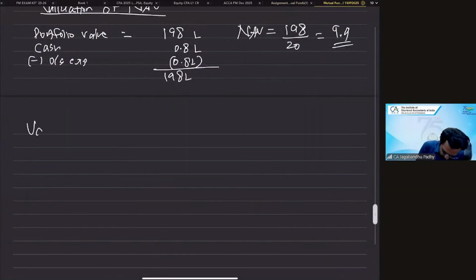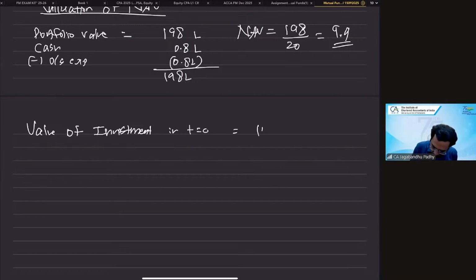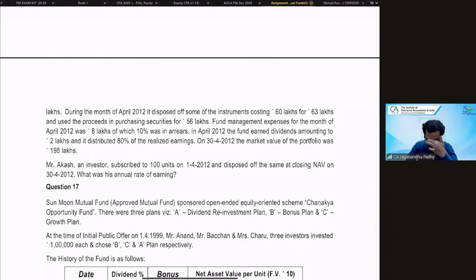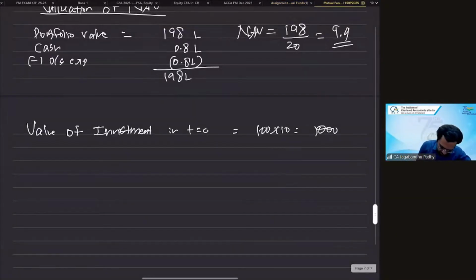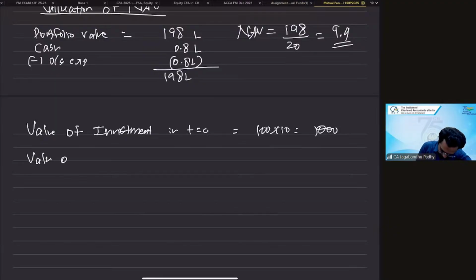So the value of investment at time t equal to 0 is 100 into 10, so he made an investment of 1000. And the value of his investment at the end is 100 into 9.9, at time t equal to 1.